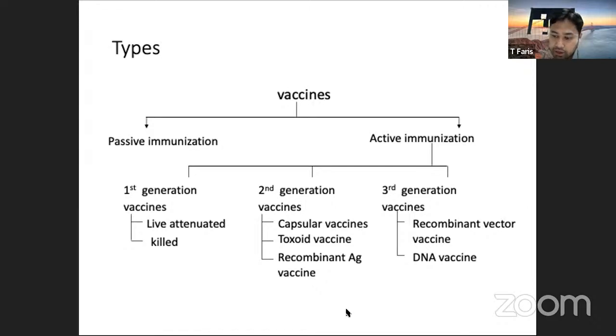We have the DNA vaccine too. Different companies are trying to study and make their own version of the vaccines, targeting a particular sequence on the virus, so that whenever the virus enters your body, you already have the memory and the antibody to kill that virus.